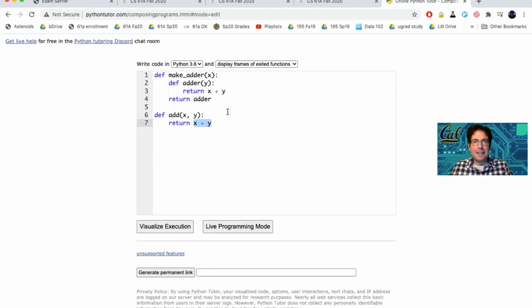This could be about anything, not just adding, but subtracting or multiplying or something more complicated. So the whole idea of currying is just to say, I don't want to say what this is in advance. I want to leave it blank. And how do you leave it blank?